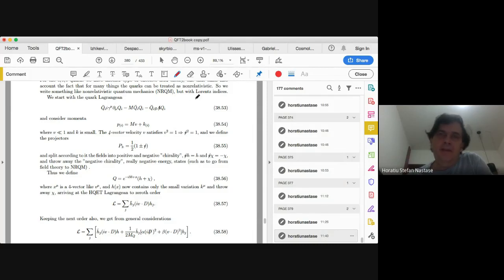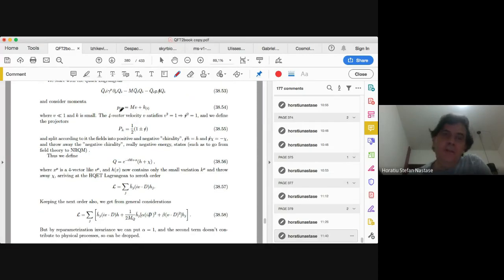So we write a quark Lagrangian that has this form: q bar i d slash q i, minus m q bar i q i, minus the interaction with an external gauge field, q bar i g a slash q i.